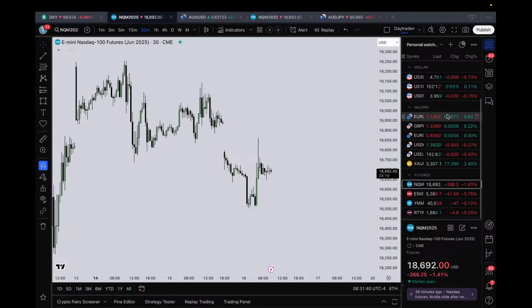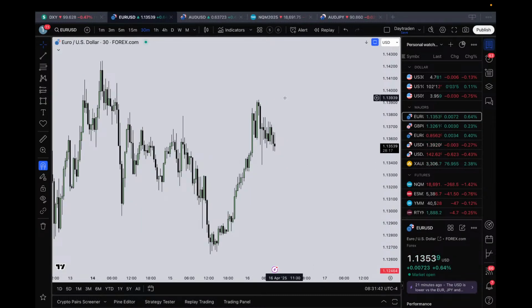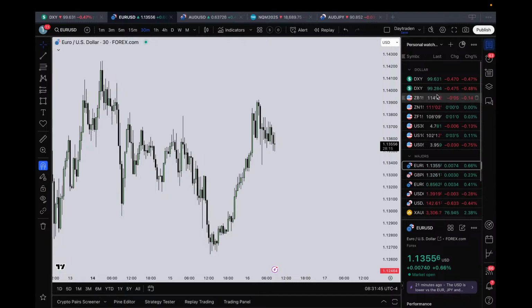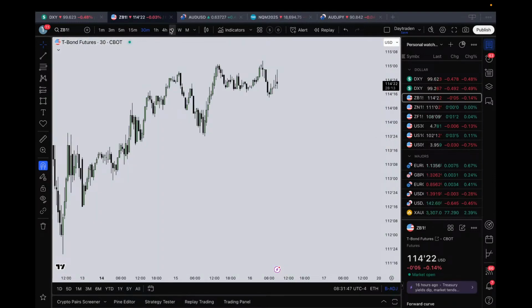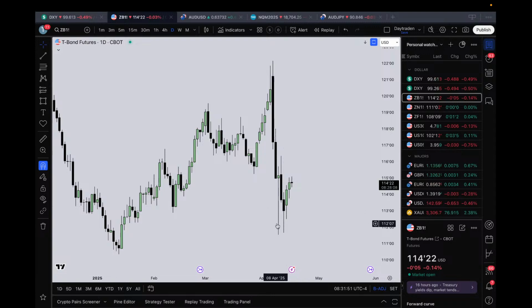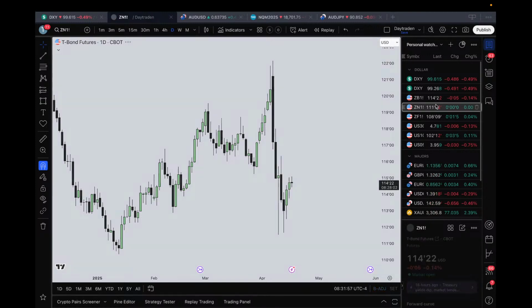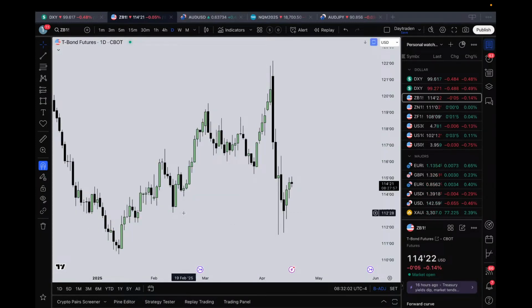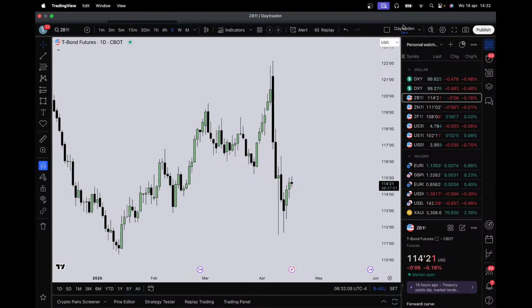Nasdaq also not moving an inch following news. It looks like bonds are showing us some sort of direction that we are going in.